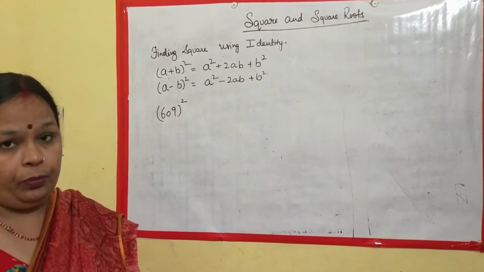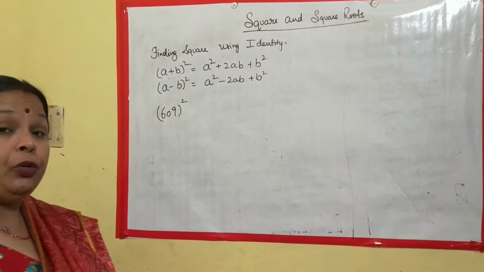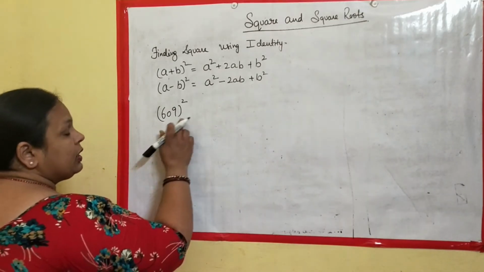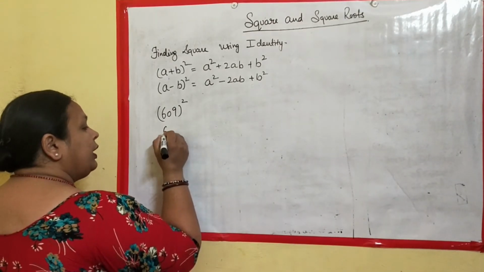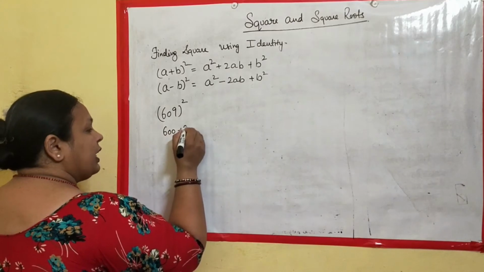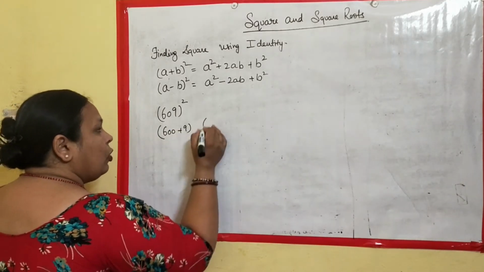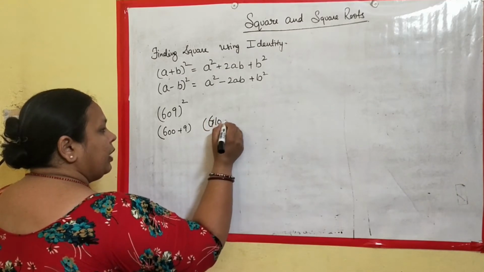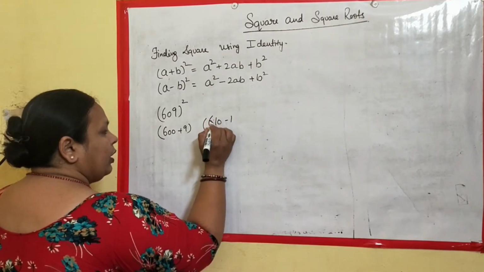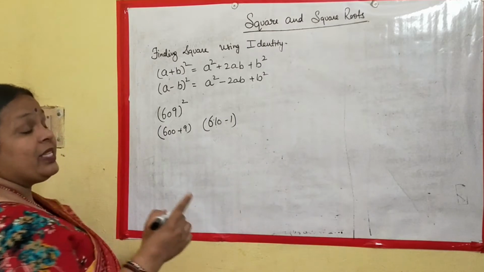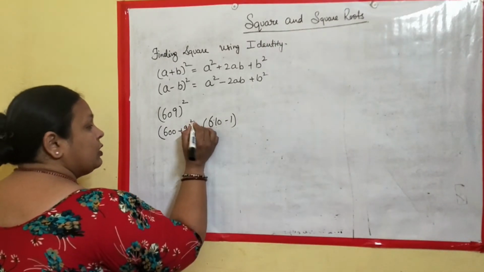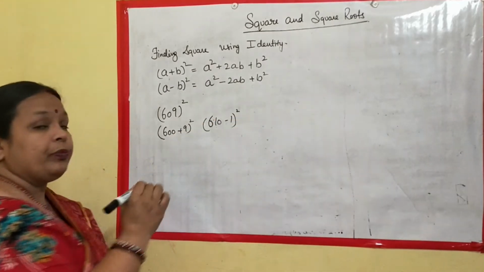Clear? To get this 609, we can write it as 600 plus 9. We can also write it as 610 minus 1. Clear? We can write it like this also.